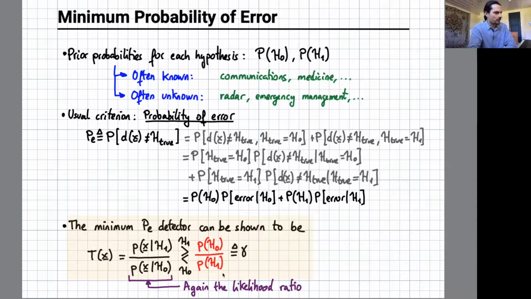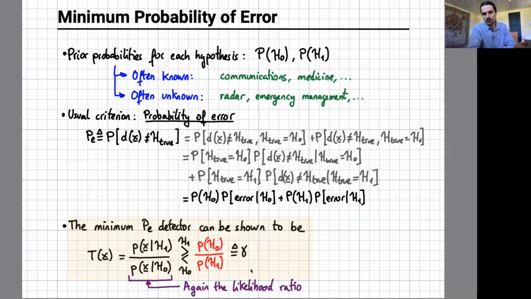The difference with that theorem is that now the threshold is given by this fraction between the prior probabilities of the hypotheses, right? So in the Neyman-Pearson framework, we had to choose this threshold to attain a certain probability of false alarm.